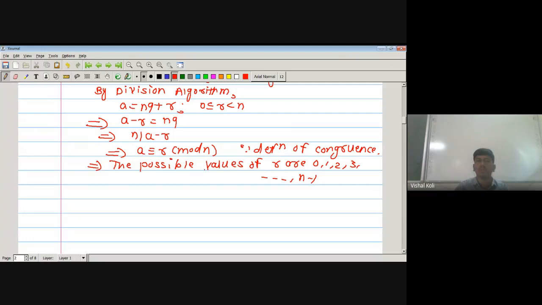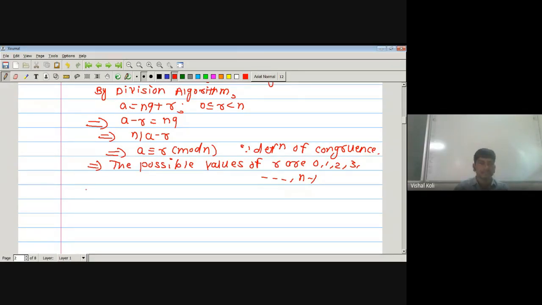These are the only possible values for r, since r is a remainder when we divide a by a fixed positive integer n. Therefore there are n possible values of r.